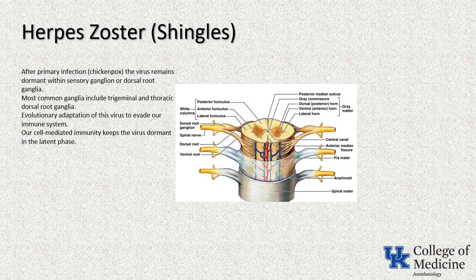So on to a different topic, herpes zoster, also known as shingles. People that have had a prior infection with the varicella zoster virus, known as chickenpox, this virus will then evade our immune system by moving into sensory ganglia, notably the dorsal root ganglia, or sometimes the trigeminal or other facial nuclei ganglia.